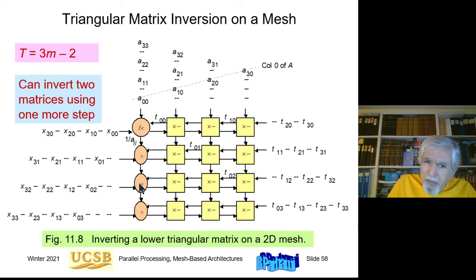Each subsequent row has just a multiplier because the inverse has already been computed in the top row. Again, we can invert two matrices by using these idle slots to input another triangular matrix and another set of placeholders for the inverse matrix.